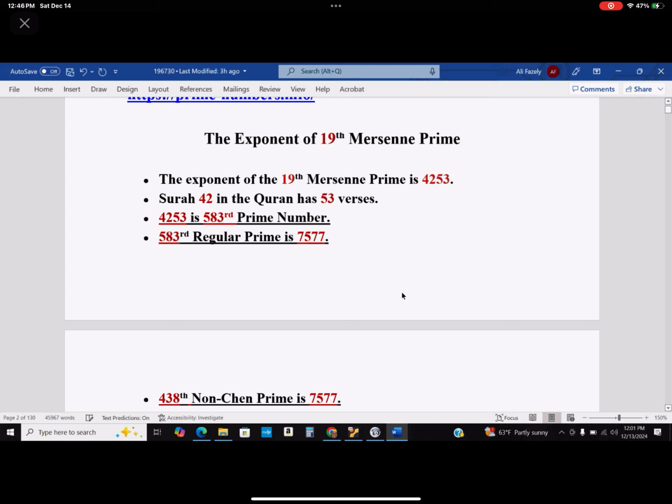Now, this also happens to be a non-Chen prime. 7577 happens to be a non-Chen prime, and it happens to be the 438th non-Chen prime. Okay, so we have known about this.